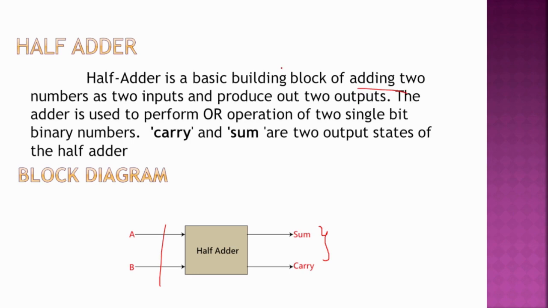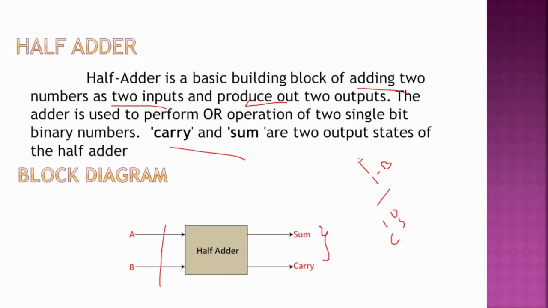The two outputs will be named as sum and carry. For example, if you are adding 1 plus 1, this is the A input and this one is the B input. You will get an output as 10. In this value, this is the sum and this will be the carry.